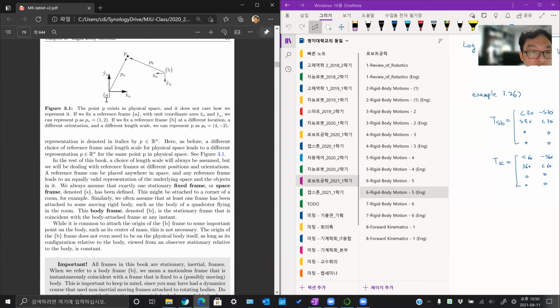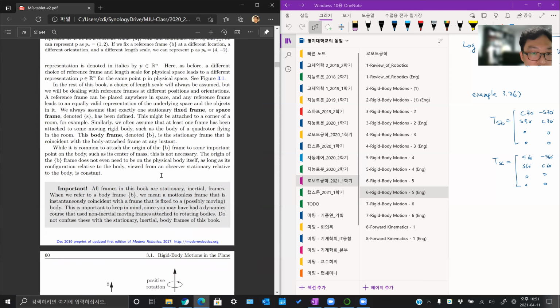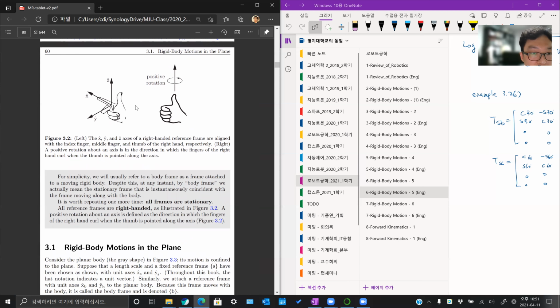So the base coordinate is an important thing, and when we think about some position, we should know about the basis frame and the target frame. And also we are using the right-handed rules. So it is very important to follow the right-hand rule.